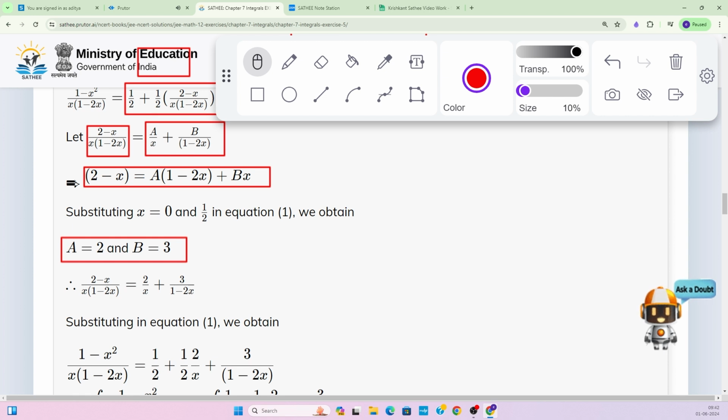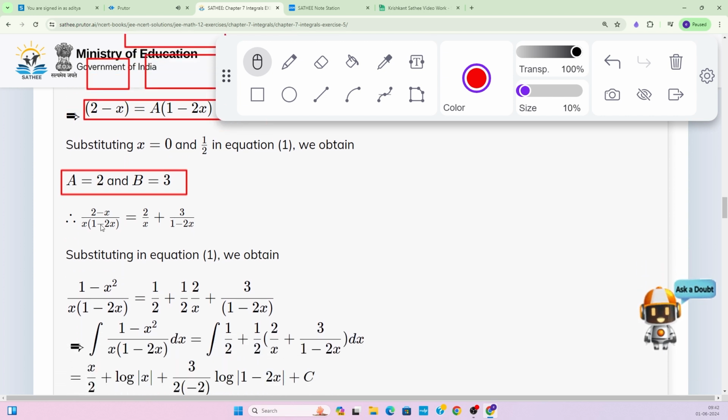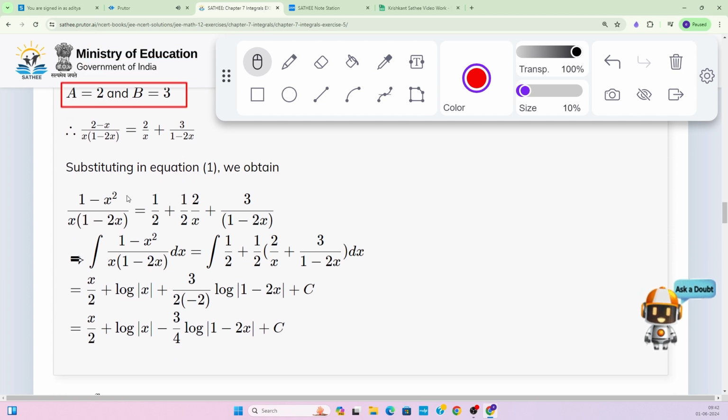This means (2 minus x) divided by x(1 minus 2x) can be rewritten as 2 by x plus 3 by (1 minus 2x) in this form. Now substituting, your original expression was 1 minus x squared divided by x times (1 minus 2x). We further reduce it in this form.